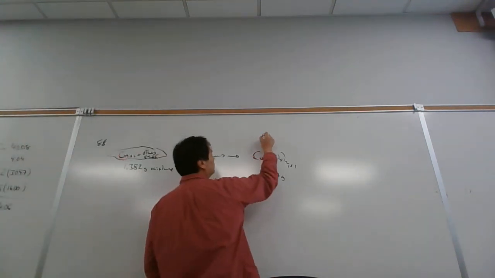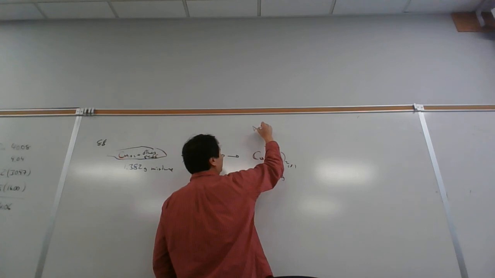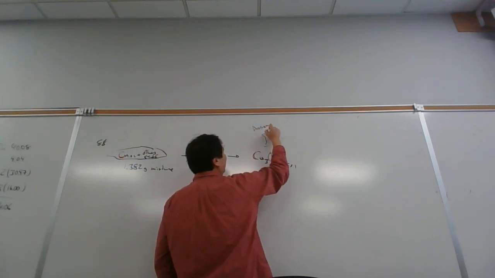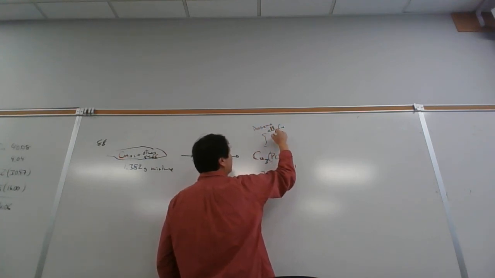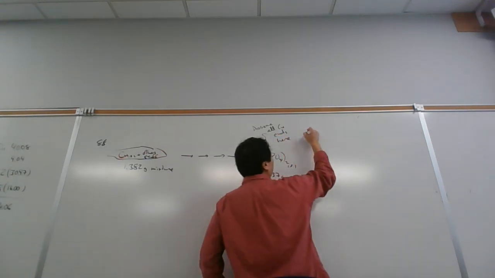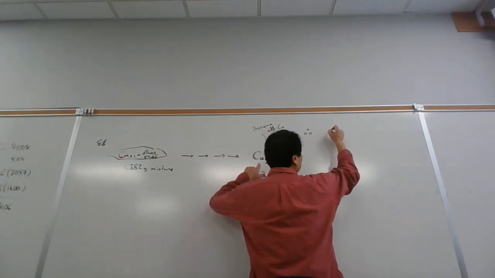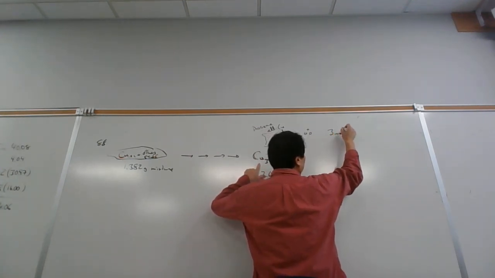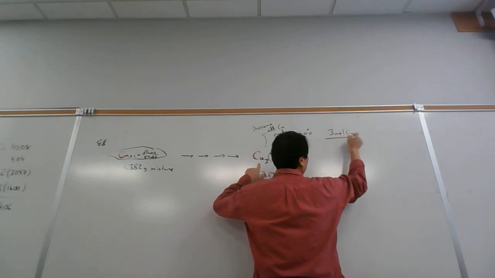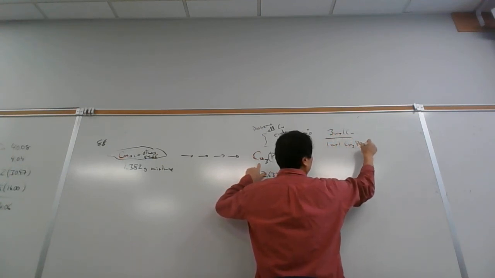So here, we assume all copper ends here. Therefore, for every mole of this, we must have had 3 moles of copper to begin with. So there must be 3 moles of copper for every 1 mole of copper phosphate that formed.